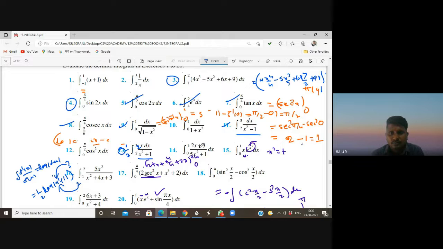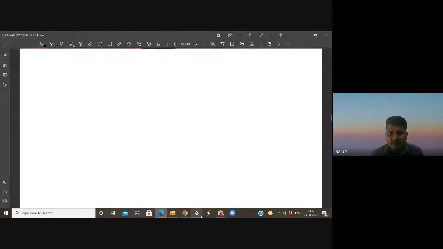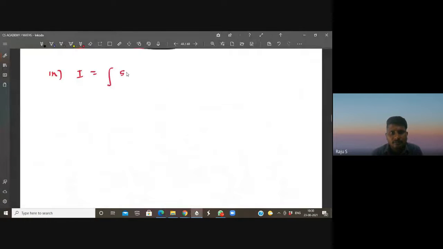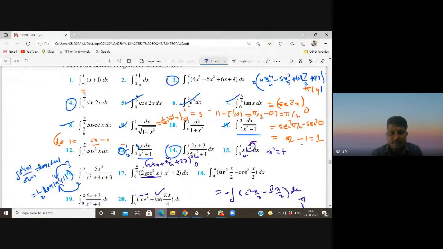I'm going to do the 14th one, which is quite difficult. The 14th one is: what is I, the integral of 2x plus 3 by 5x square plus 1.